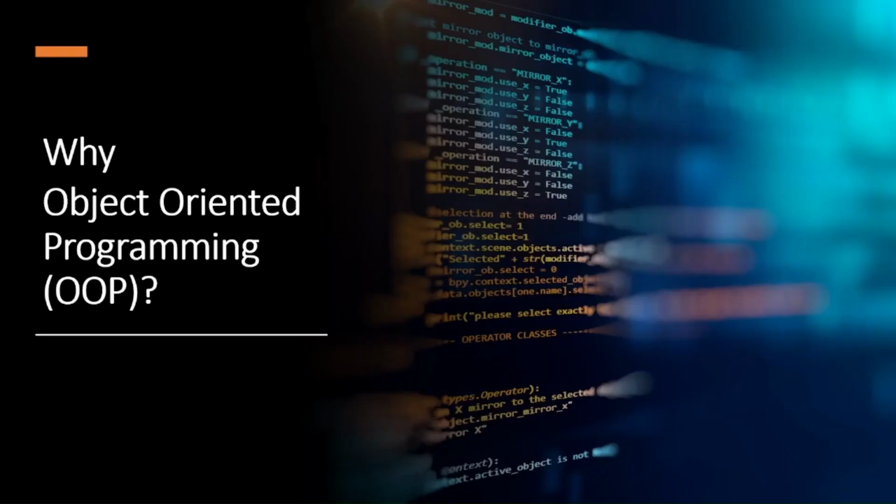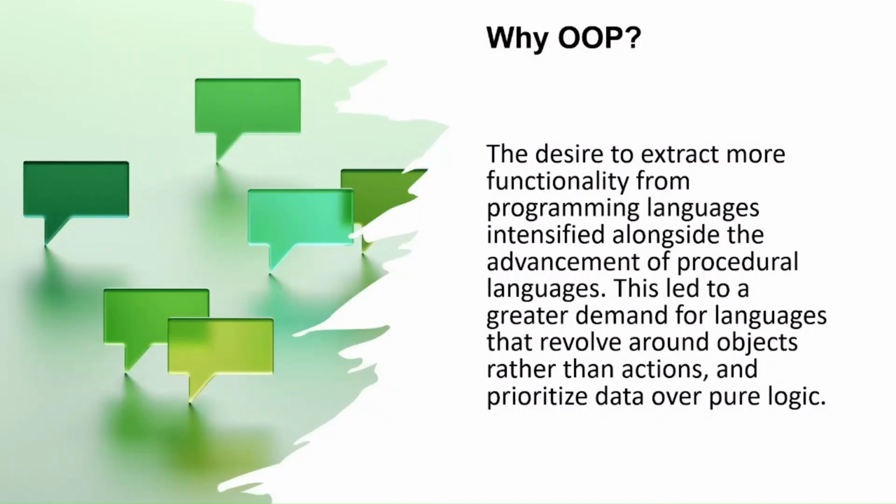So why is object oriented programming required? Why we need object oriented programming in AI, or why we needed to make a computer think like a human? Why we have to see and understand, that is the most interesting part of this course.